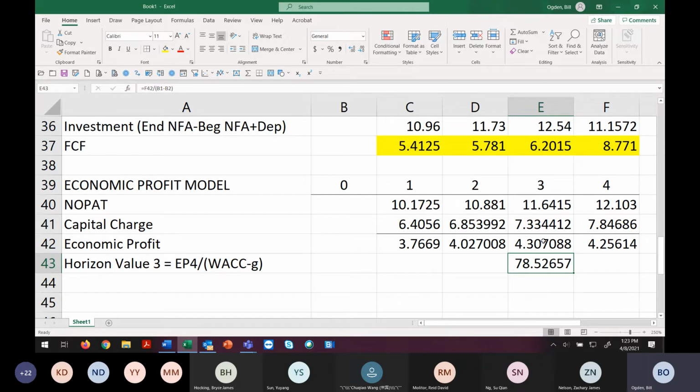So let's follow kind of the same procedure. Once you get a horizon value of any of the metrics we've used, whether they've been dividends, whether they've been cash flows, you do what? You add the annual ones and the horizon value together for our total. So we're going to have a total here.